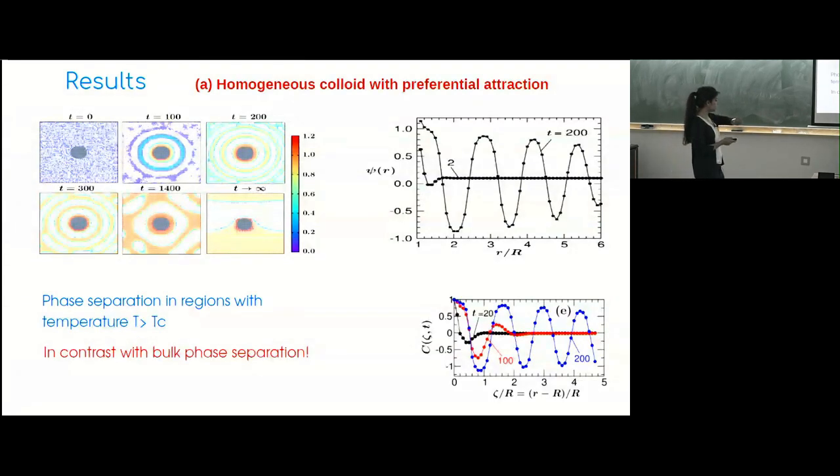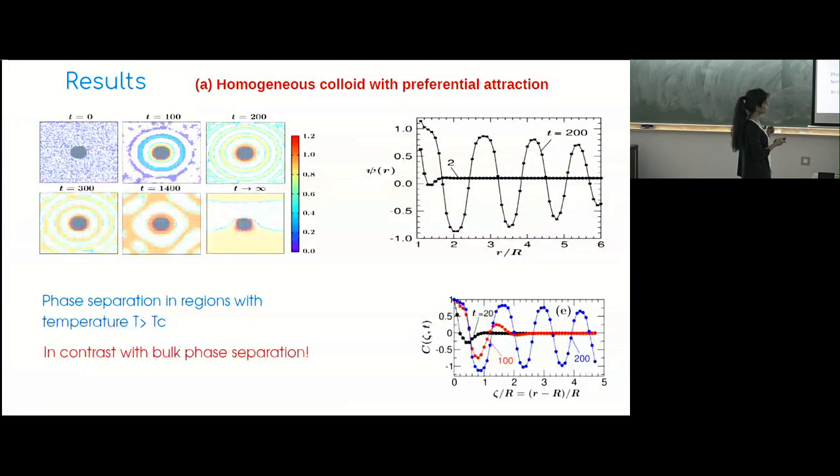Now the next thing is to look at the order parameter profile. Since we have spherical symmetry, this is the radially averaged order parameter profile. At very early time, almost everywhere in the system the order parameter is close to the initial value, and you have only one surface adsorption layer.